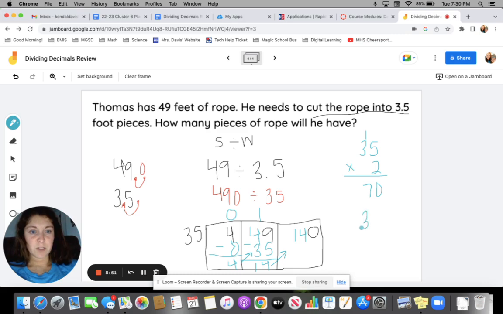Okay, so let's try 4 this time. 5 times 4 is 20, 0 goes down, 2 goes up. 4 times 3 is 12, plus 2 is 14. So that means 35 can go into 140 4 times. And when I subtract here, I'm going to get zeros all the way across. So that means that he will have 14 pieces of rope.